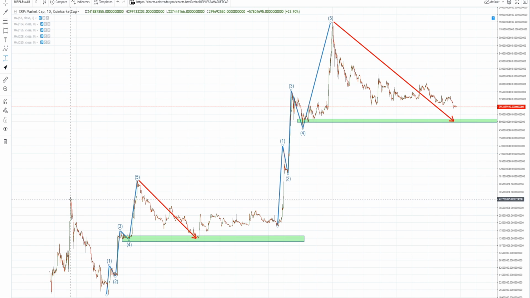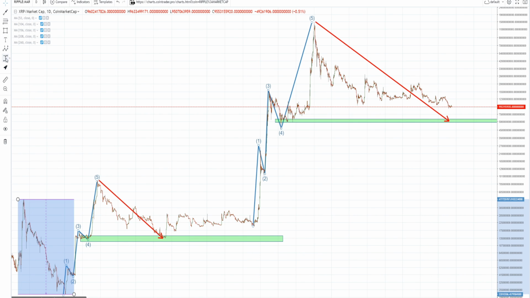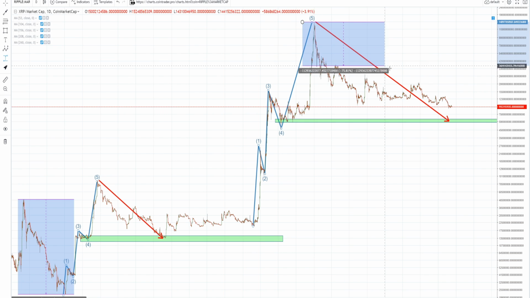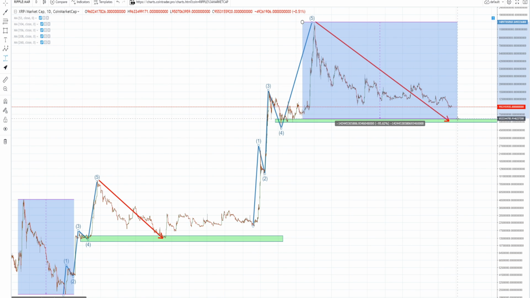So we look at the very first correction that XRP had, and we can do a percentage measurement here, and we see that it went down 95.4%. Well, let's do that over here. 95.4 takes us to about right there. Okay, pretty close. Gets us down near the bottom of it.